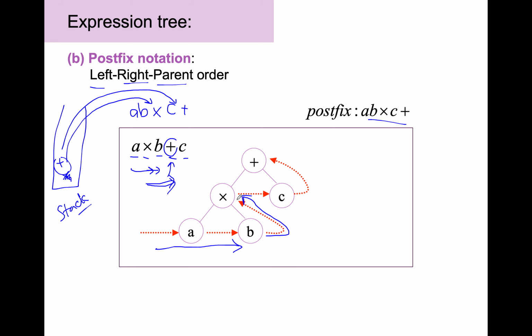And from your parents, you go from left to right also. After you finish until the right, then you go to the parents. So let's say there is a D, F, you go until F, then you come out to the parents from left to right.